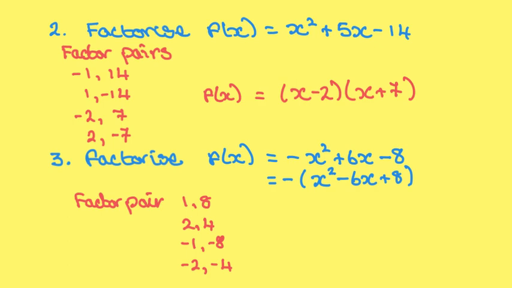The second thing, find which of these pairs of numbers we can add together to make the coefficient of our x term. Well, our x term is -6, so 1 plus 8 is 9, 2 plus 4 is 6, -1 minus 8 is -9, -2 plus -4 is -6. So that is our factor pair, -2 and -4.